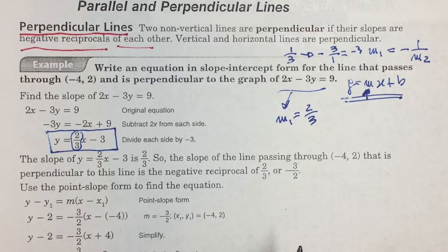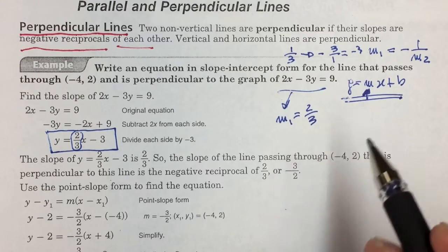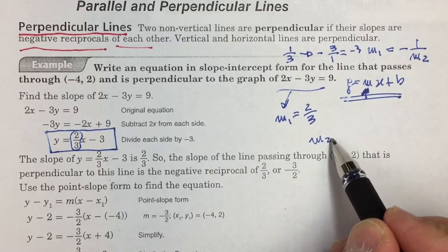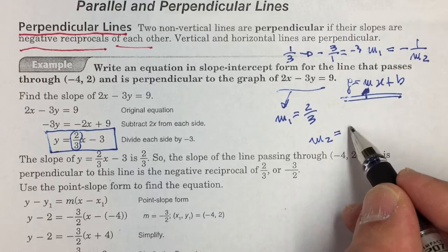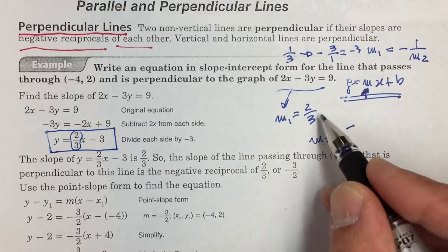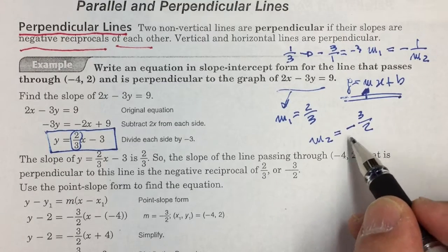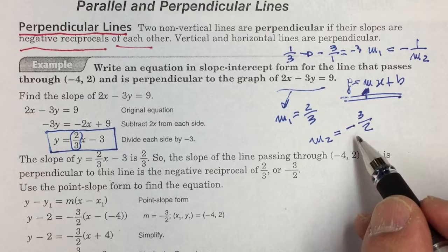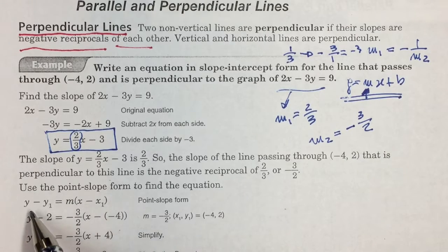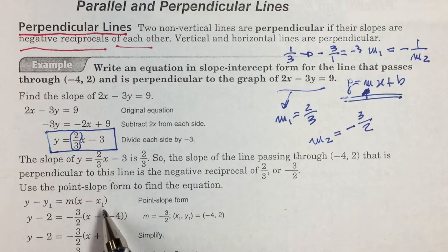That means the other line that is perpendicular to this one is going to have an m2 equal to the negative reciprocal, meaning I put the negative and I flip it, negative 3/2. This is going to be my slope for the other perpendicular line. So I'm going to write the new line in point-slope form. y minus y1 equals m times x minus x1.